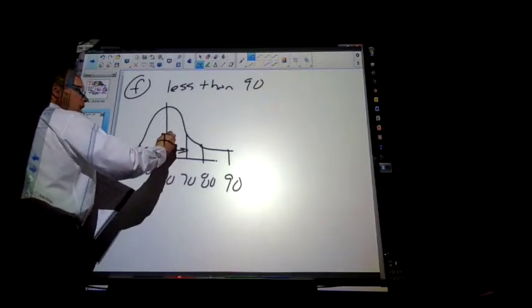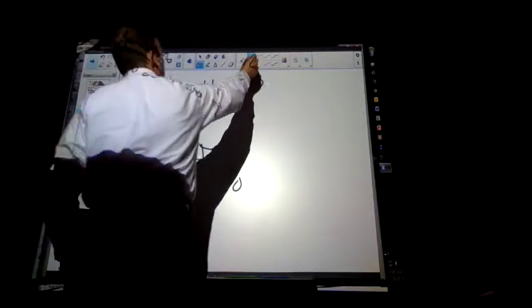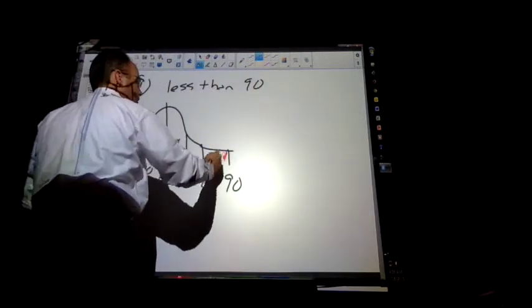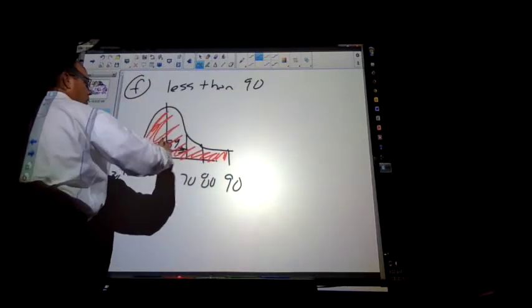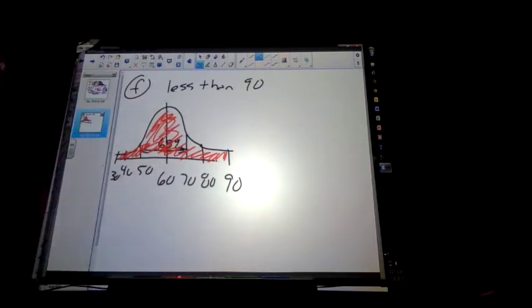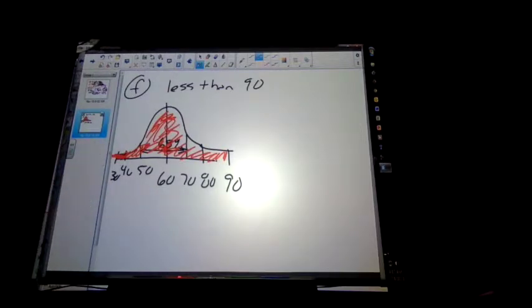If this is 68% and we want the 90, should we go by the Z-score or should we go by the other score? Your choice. I want that area.